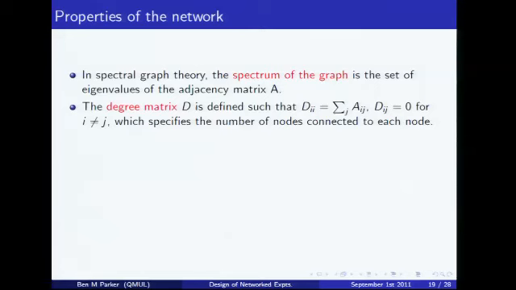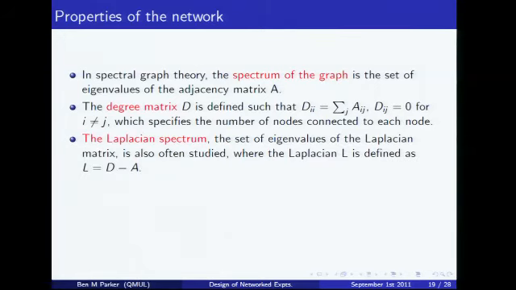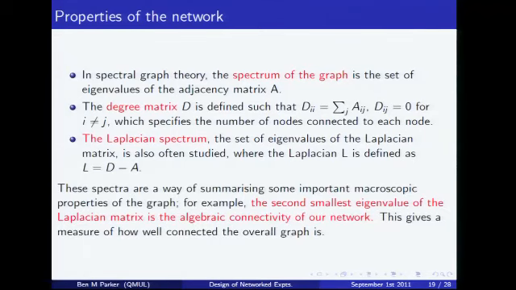You can form the Laplacian spectrum by taking the degree matrix and subtracting the adjacency matrix and taking the eigenvalues of that. That becomes the Laplacian spectrum. Well, why have I told you all that? These spectra are ways of summarising the macroscopic properties of the graph, if you like.